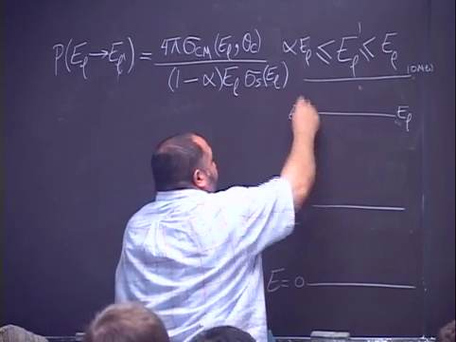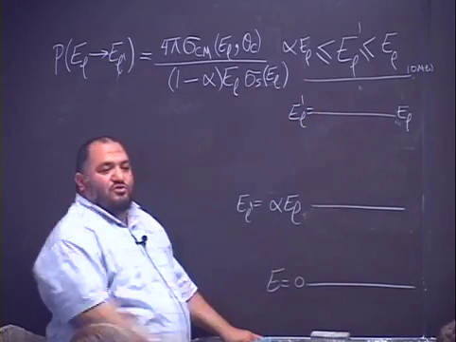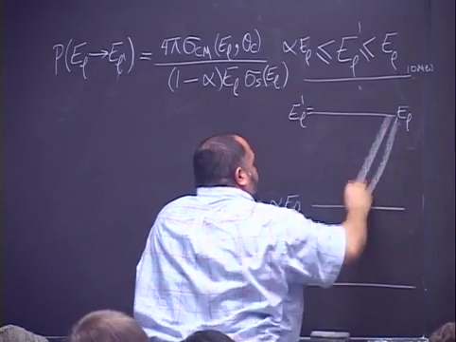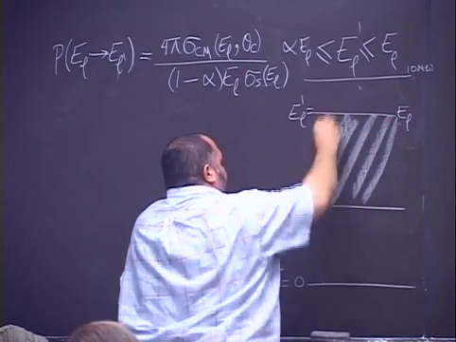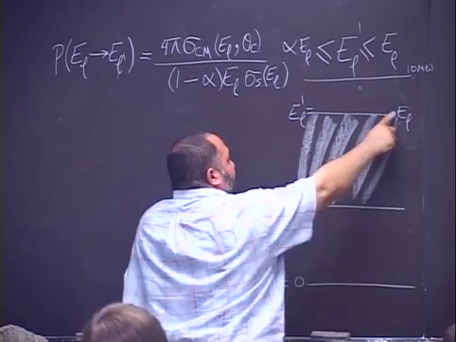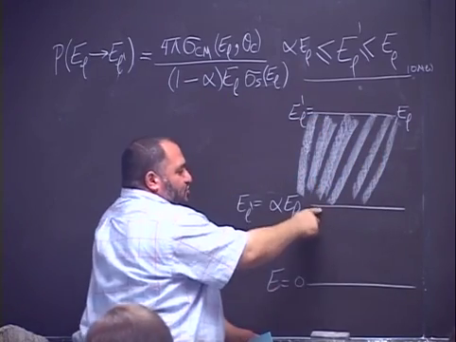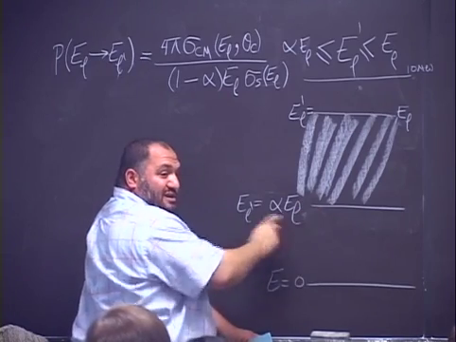So EL prime will be equal to EL if you do not lose anything. So always this probability will be in this region only. If you do not lose anything, you stay at the same floor. The maximum that you can lose is you go to this floor, which is equivalent to alpha EL.